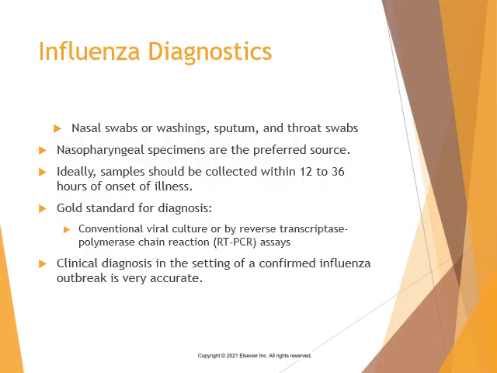And the gold standard for diagnosis is a viral culture, or reverse transcriptase polymerase chain reaction, which is RT-PCR assays. Clinical diagnosis in the setting of a confirmed influenza outbreak is very accurate. So in other words, if influenza is around, you can pretty much clinically diagnose it pretty accurately.